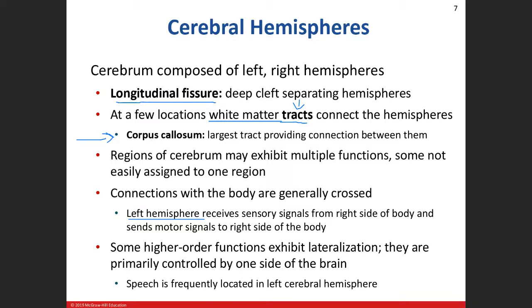If you touch something with your right hand and you feel that it's hard, that information is actually winding up on the left side of your cerebrum, and we'll find out exactly where that is. If you want to move your right hand, the left cerebrum is going to send the motor signals to the right side of the body.